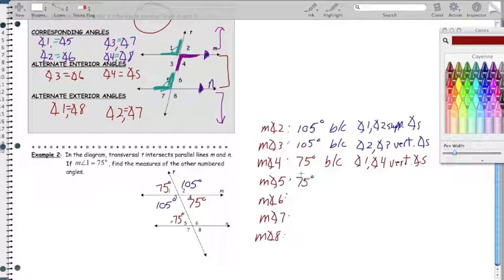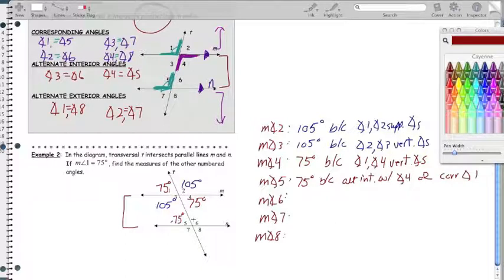I can say angle 5 is 75 because it's alternate interior with angle 4, or because it's corresponding to angle 1. And I'm really abbreviating it here since I'm writing it on the computer.